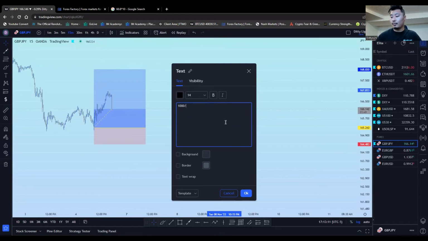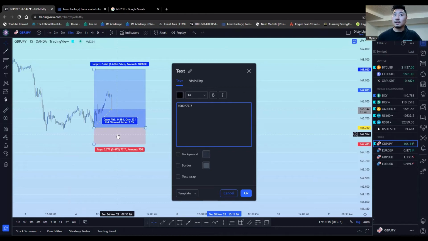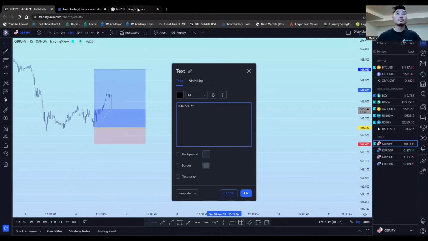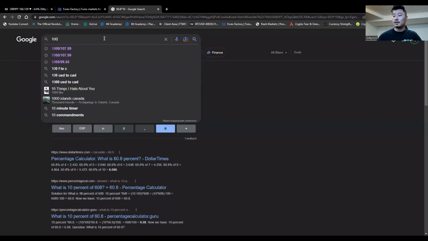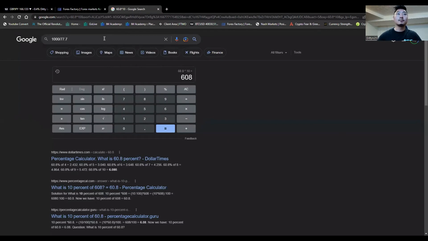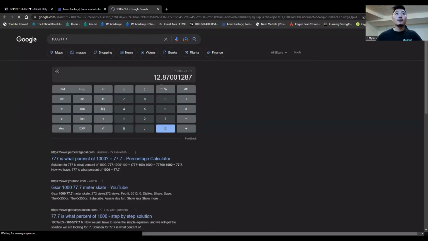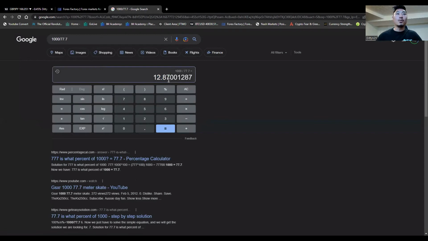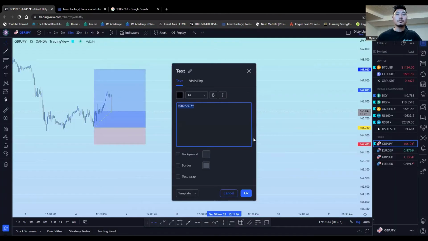You divide it by how many pips you're risking, so 1,000 divided by 77.7 will give you 12.87.